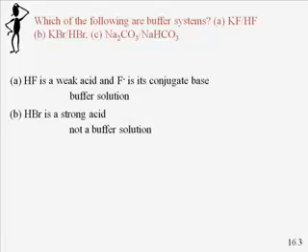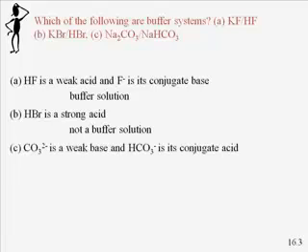It has to be a weak acid or a weak base. And then we have sodium carbonate and sodium bicarbonate. And here our sodium is just a spectator, but we have the carbonate, it's going to be our weak base, and then the bicarbonate ion would be the conjugate acid, so that would indeed also form a buffer solution.